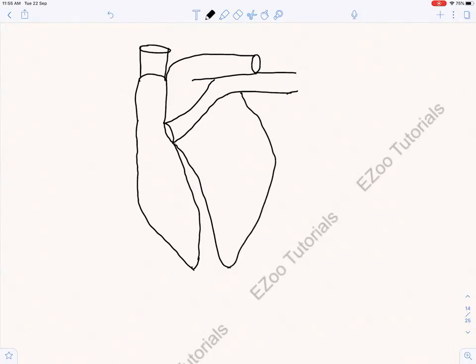Okay, now let us divide it here. Now you're getting the structure, right? You can see the structures. Then there is this small valve.